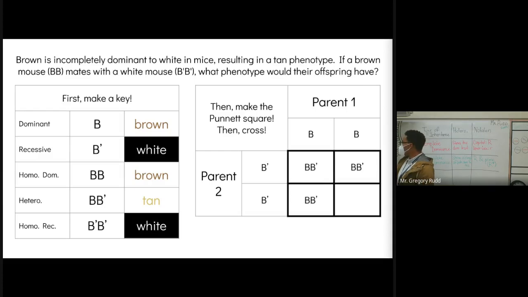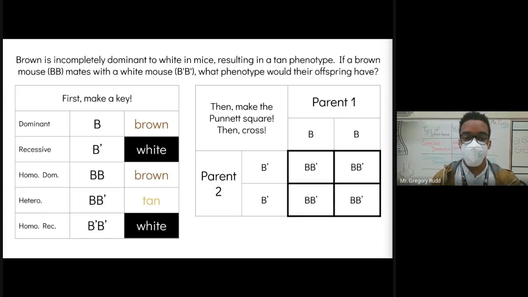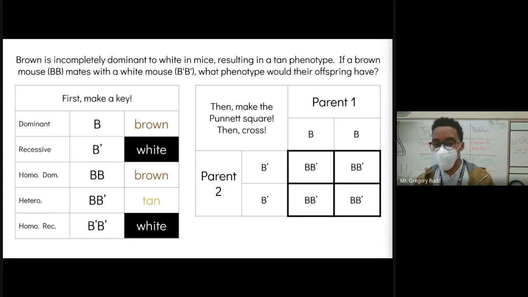And Asia, what's going to go in this box? Excellent, yeah. Good. So in this case, all four boxes end up looking exactly the same. All four boxes have the heterozygote. So which phenotype is that? The question is asking what phenotype would their offspring have?